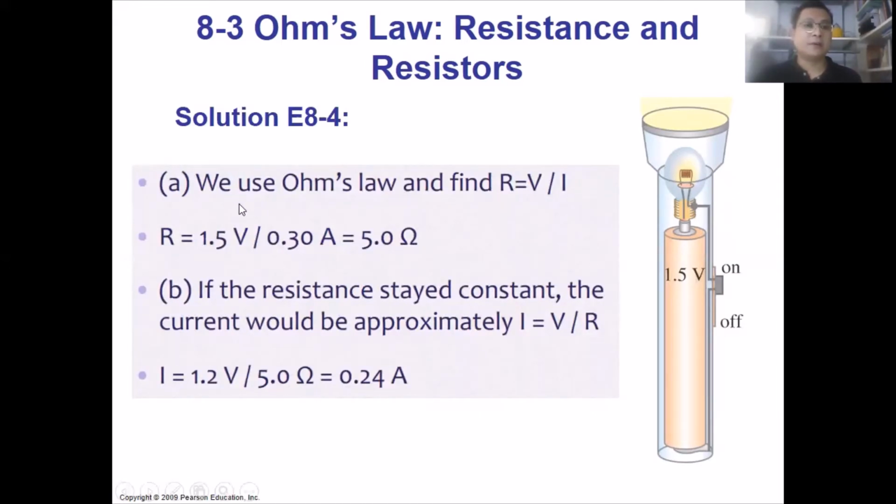For A, we use Ohm's law to find R equal to V over I. So R equals 1.5 divided by 0.3, so the answer is 5 ohms. Then the second question. Resistance stays constant. The current will be approximately I equal to V over R, so the final answer is 0.25 ampere. Okay, I hope this one is clear.